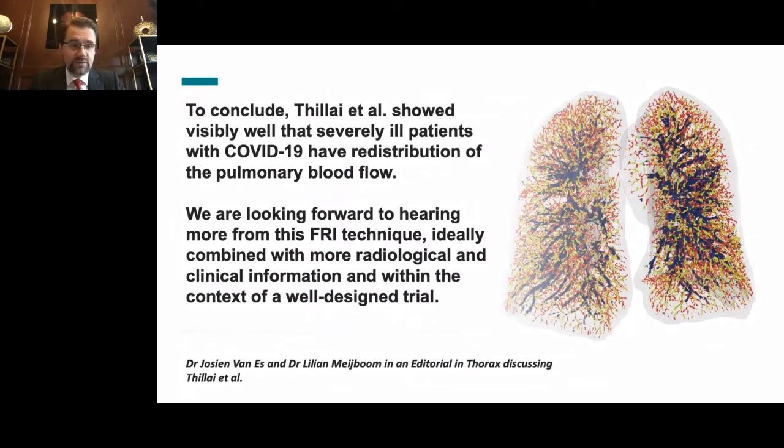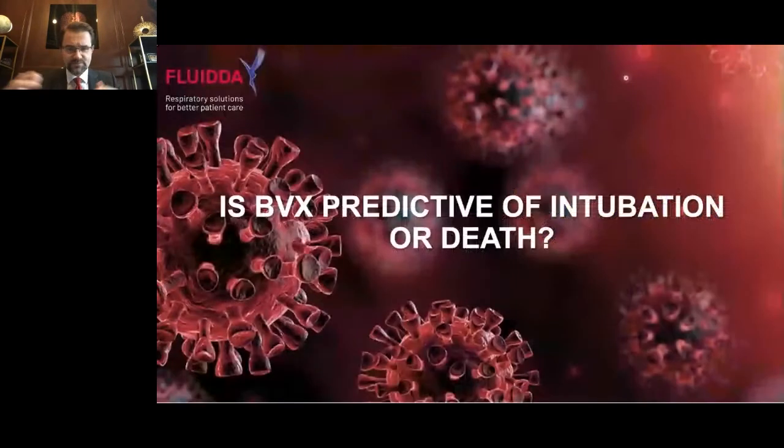We're looking forward to hearing more from this FRI technique, ideally combined with more radiological and clinical data within the context of a well-designed trial. So we acted on this recommendation. We set out to do a larger clinical study to assess whether BVX, the blood vessel volume derived from a CT scan, is predictive of intubation or death.